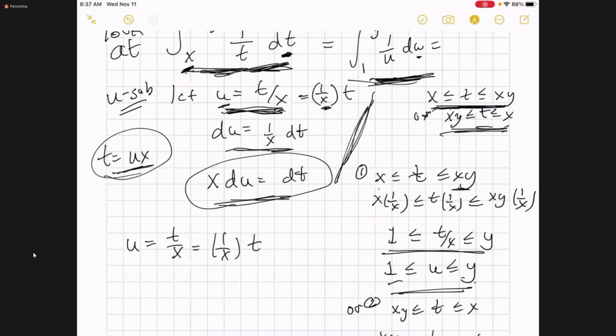A over b just means the same thing as a times 1 over b. I understand that, but our original function is 1 over t. Where does 1 over x come in?